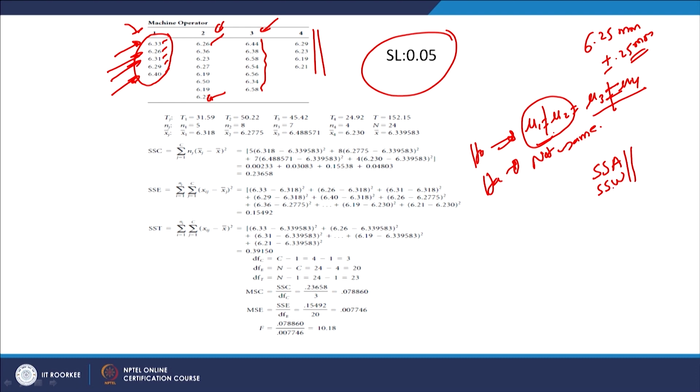So this is the sum of squares among columns, this is within, and this is the total sum of squares. In other words, this is the error or unexplained term, this is the explained term, and this is the total variance.